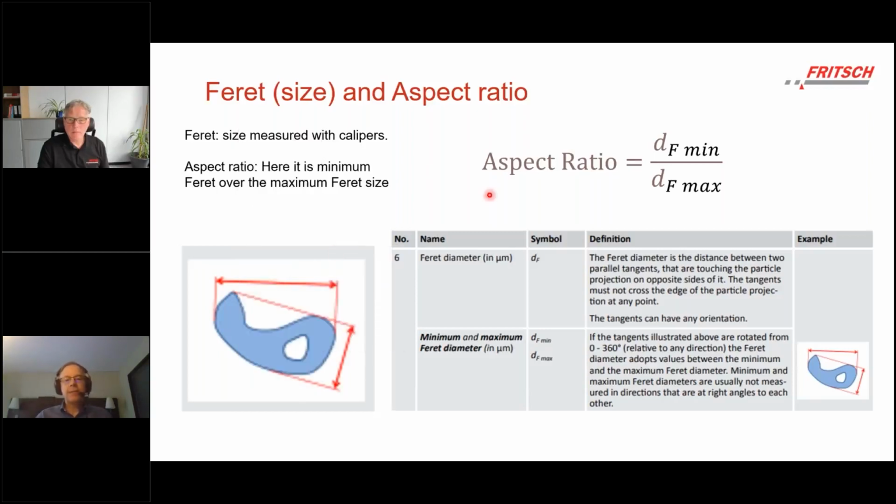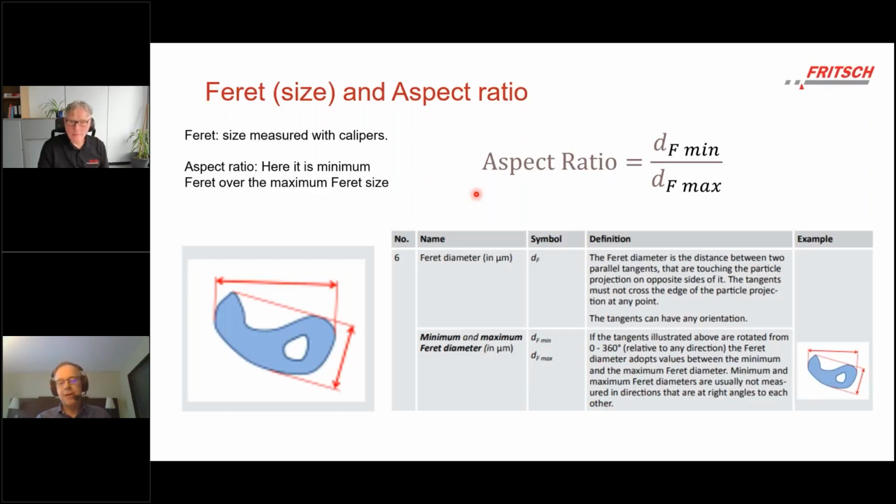Now, next is a measure of shape. And so I say aspect ratio, and everybody says, well, I know what aspect ratio is. That's the shortest dimension over the longest dimension, or vice versa. So there are two definitions. And then which dimensions are you comparing? In the A28, it is the Feret min over the Feret max, which is an extremely useful measure of aspect ratio.